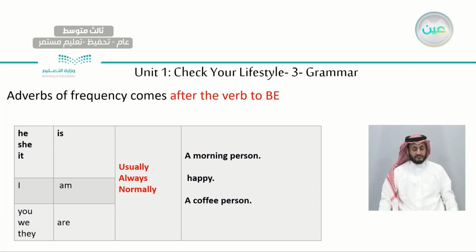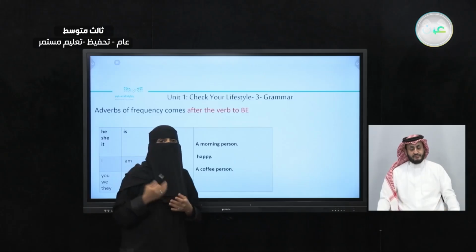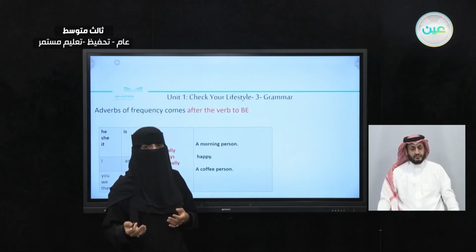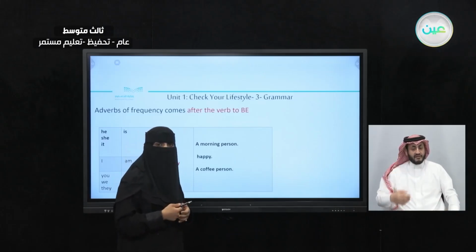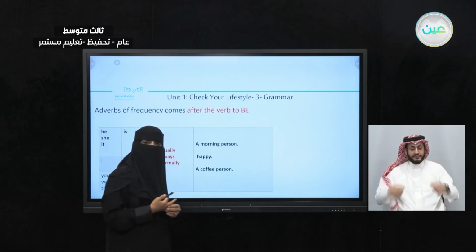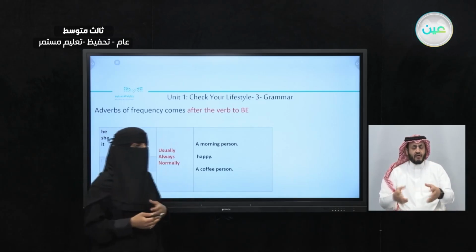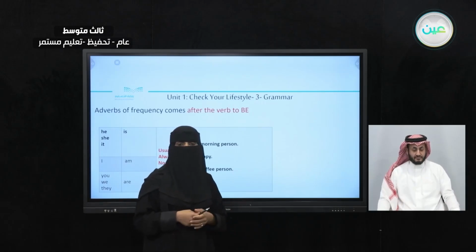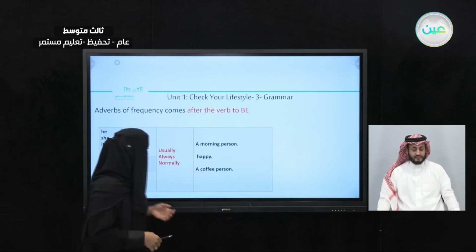I am normally a coffee person. You are always happy. Can you give me other examples? She is always smiling. Excellent. She is always happy. He is always working out. Excellent.